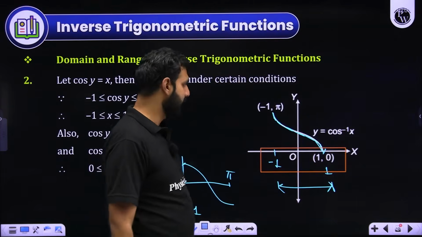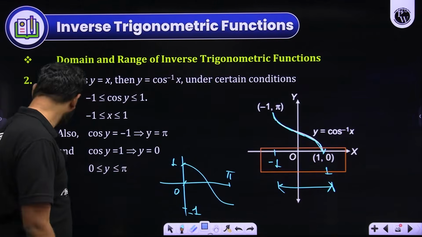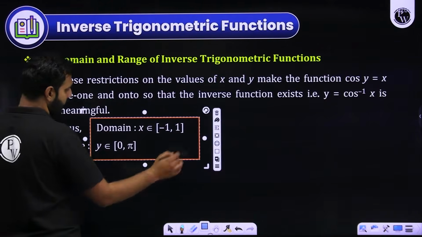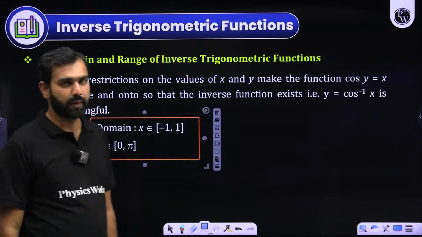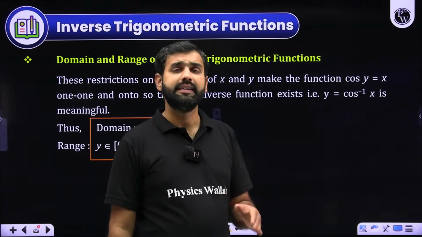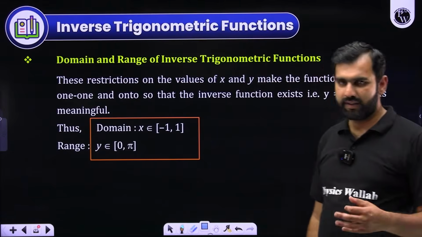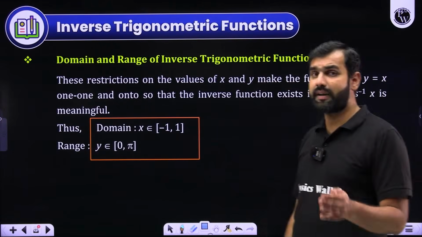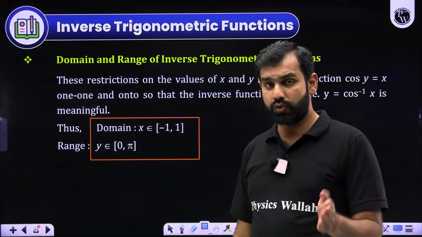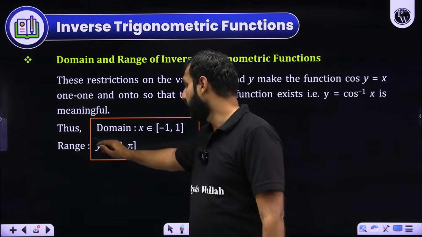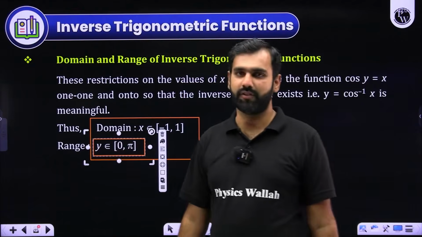So domain is from -1 to 1 and range is from 0 to pi. Don't forget this. In sine inverse x, the domain was still -1 to 1, same as cos inverse x, but in sine inverse x, the range was from minus pi by 2 to pi by 2, but here the range is 0 to pi. I hope you will remember this as a difference.